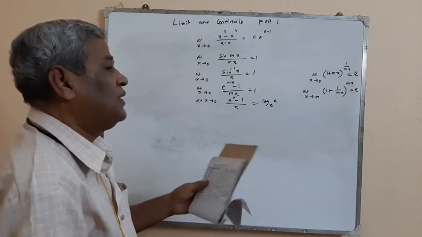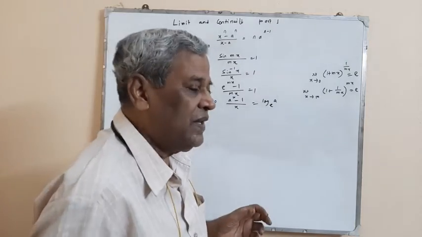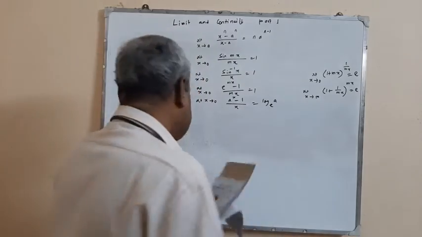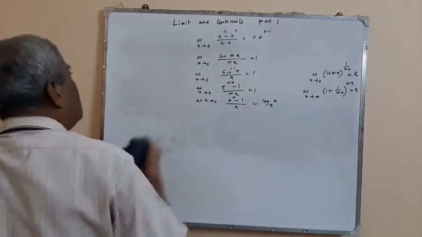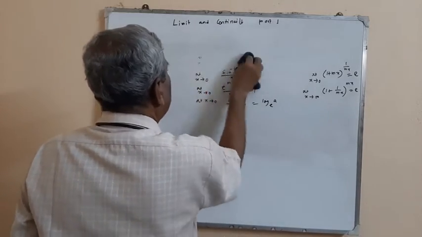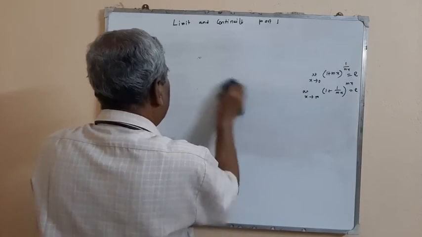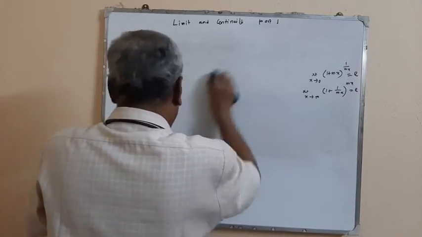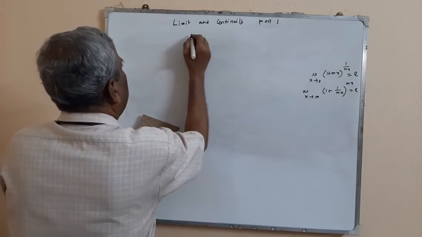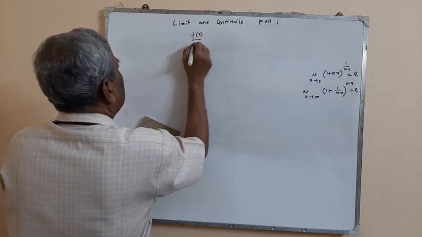Okay. Besides using that, we can use the L'Hospital rule for evaluating limits. What is that? Suppose, I think all of you know it, still I am mentioning. Suppose a function is of the type f(x) by g(x).